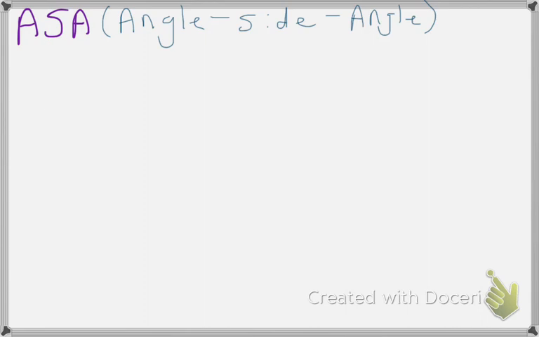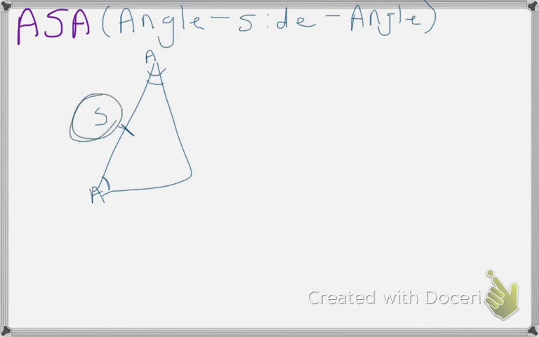So if we had this right here, we have an angle right here. Here is an angle, and I put a side right here, and then I put an angle over here. Angle, side, angle. See how the S is in the middle? See, that works. Then do another one. Let's say I do the angle up here, do the side right here, and here's the angle over here. Angle, side, angle.